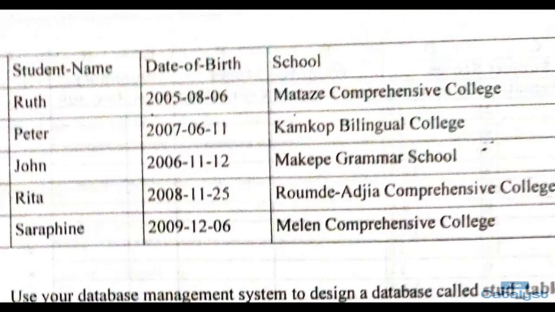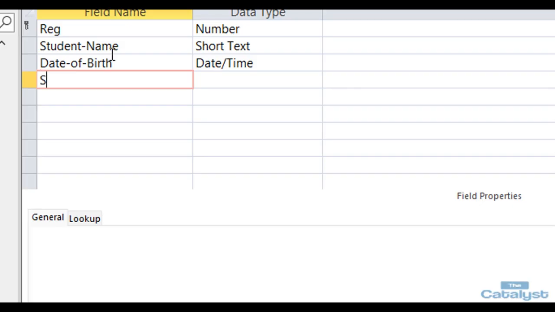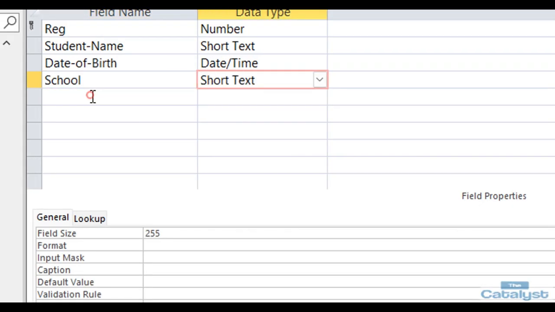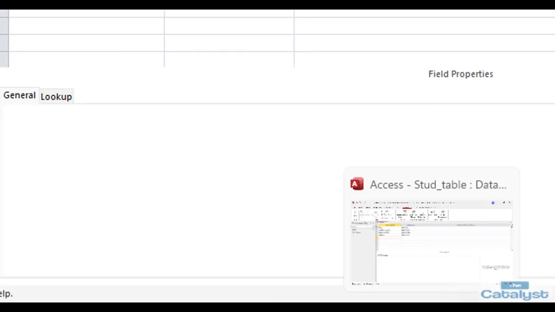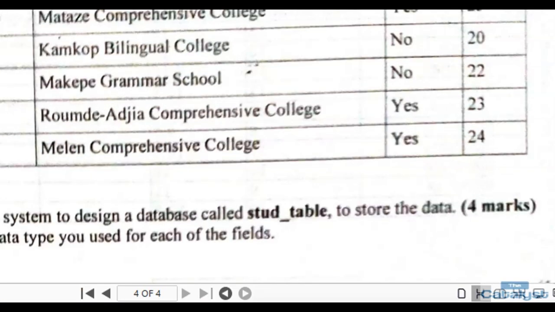The next field is school. So type school here, and the data type is text. Okay, it's just text. And next, female, yes or no, we'll choose boolean.